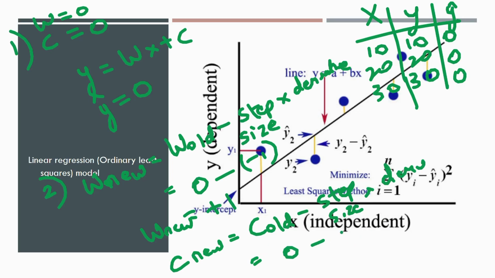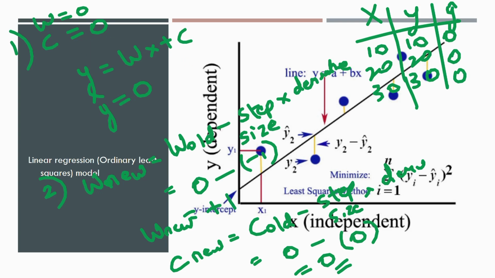These are all hypothetical numbers, but what I want to tell you is that iteration by iteration our weight will change. In the first iteration we randomize the weight and bias, that is W and C.